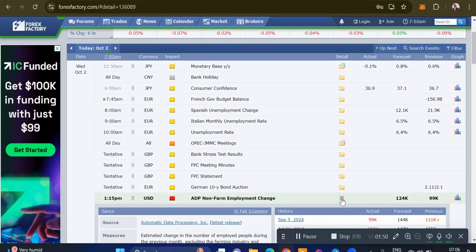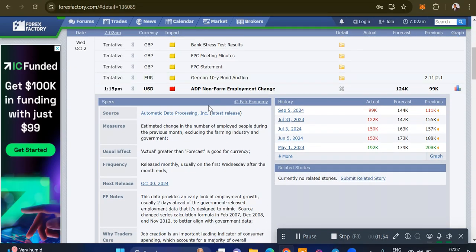If you get to the detail, you will be able to discover the frequency. The source is Automatic Data Processing, Incorporated. This measures the estimated change in the number of employed people during the previous month, excluding the farming industry and government.